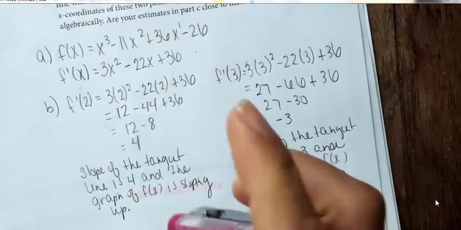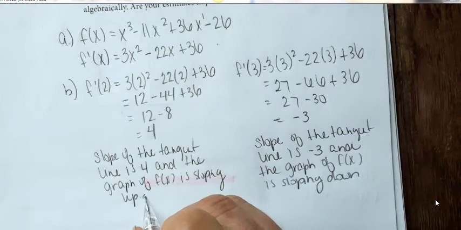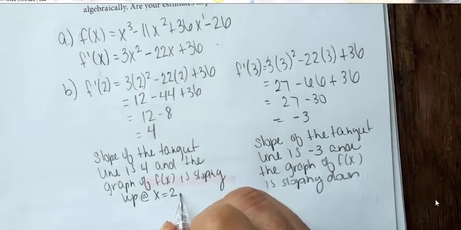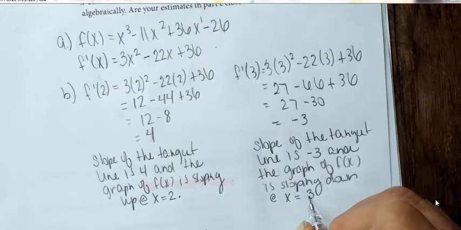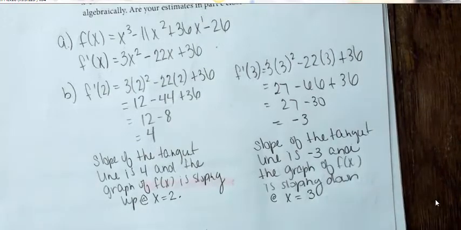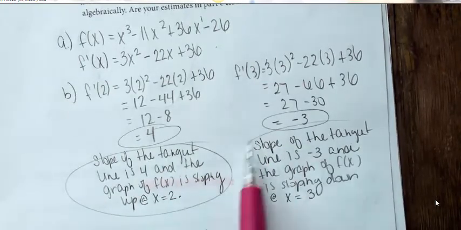Maybe I should write, all right, at x equals 3. Okay, so I found both of these, and then these are my explanations.